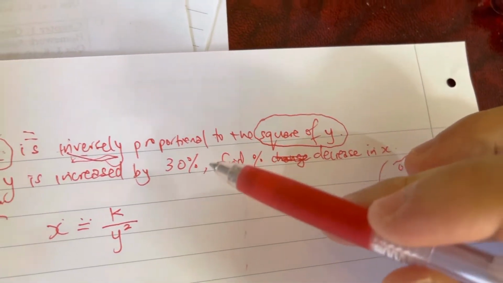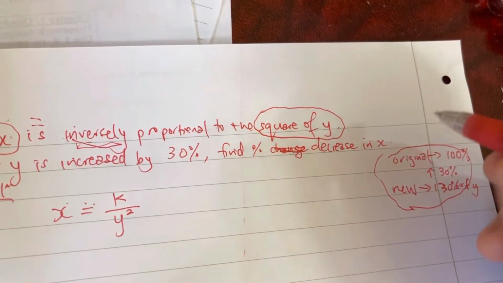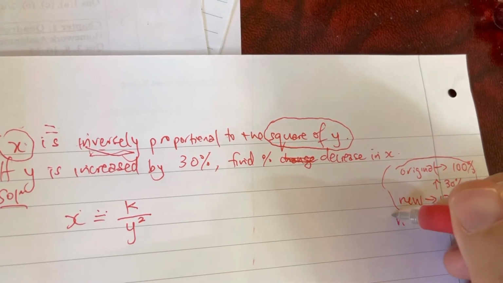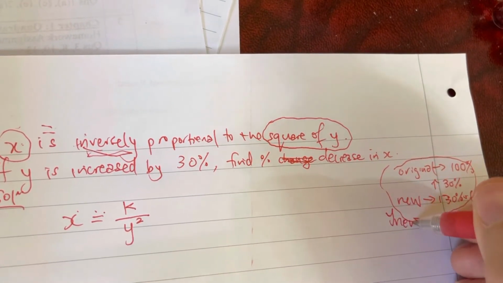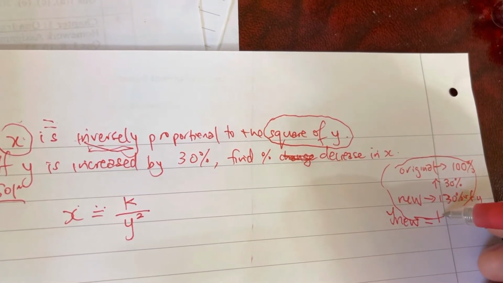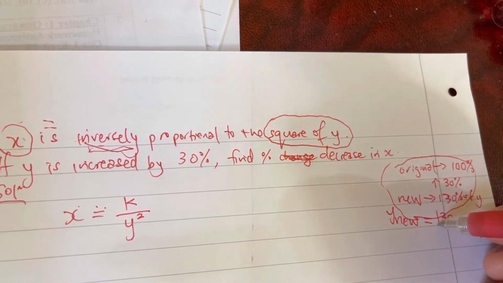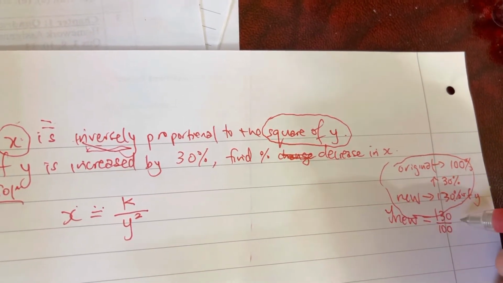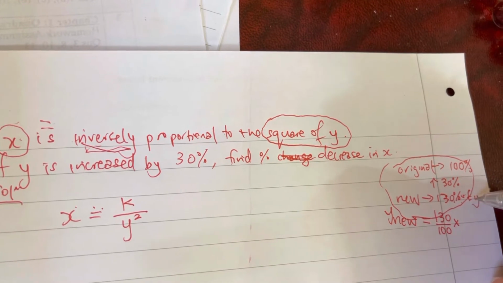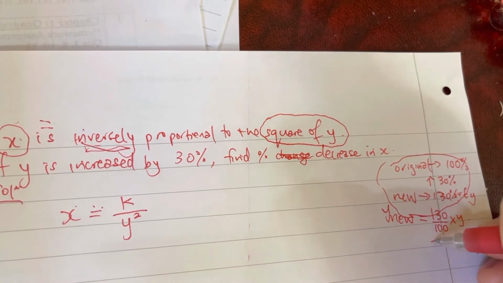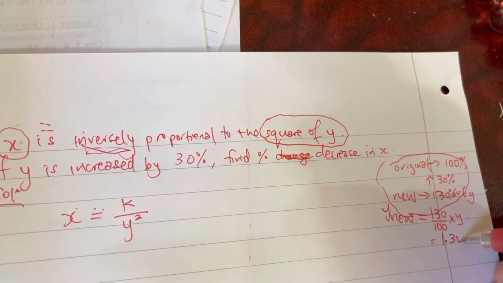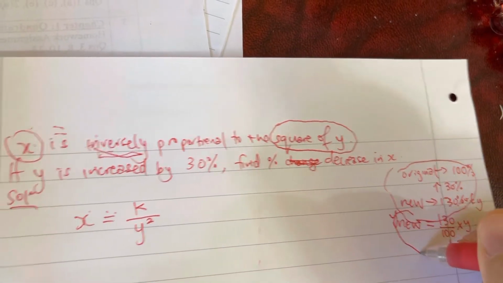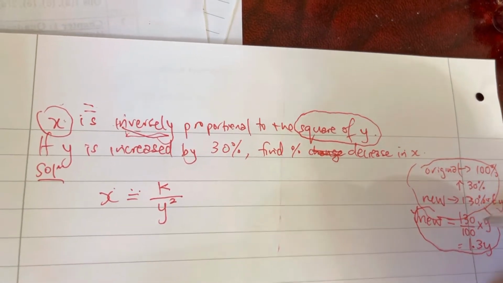Correct? So we're talking about y here. So your new y is equals to 130%, means over 100, of means times, y. So it's just 1.3 times of y. So this is your new y. Okay, we bear that in mind first.